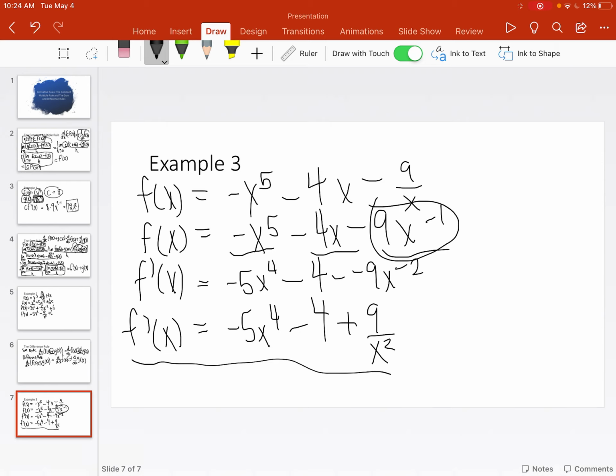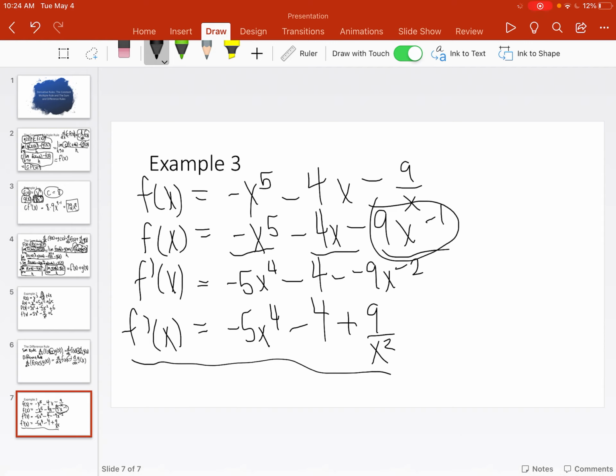Okay, so as you see, the constant multiple rule and the sum and difference rule are fairly easy. There's nothing complicated about them. For the sum and difference rule, if you have a bunch of terms added together, you just take the derivative of each term on its own and then add them together.